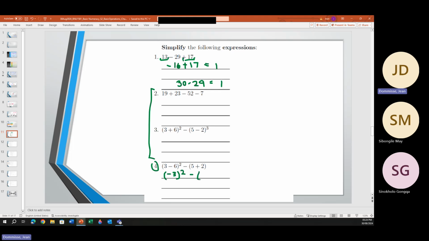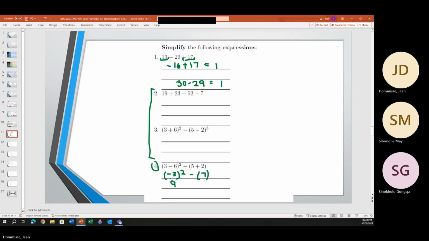And then in my other bracket, 5 plus 2 is 7. The next step is to look at exponents. So minus 3 to the power of 2. And to be safe, I will do that on the calculator. So minus 3 to the power of 2 is 9.